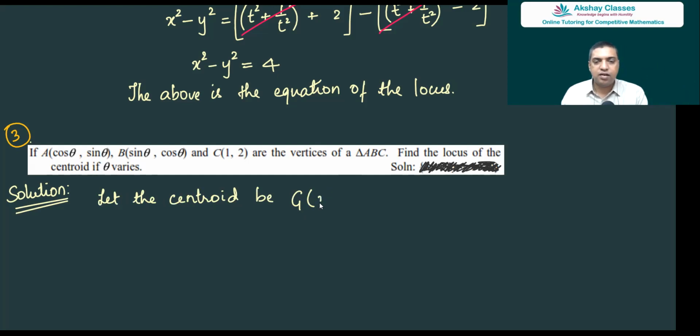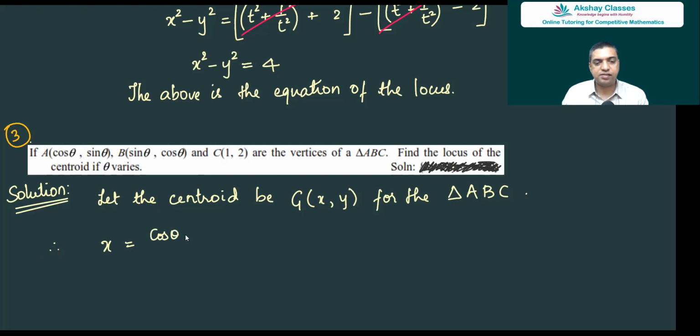Or if you directly want to write, this is the variable point. Let the centroid be G(h, k) for the triangle ABC. Now x will be (x1 plus x2 plus x3) by 3.